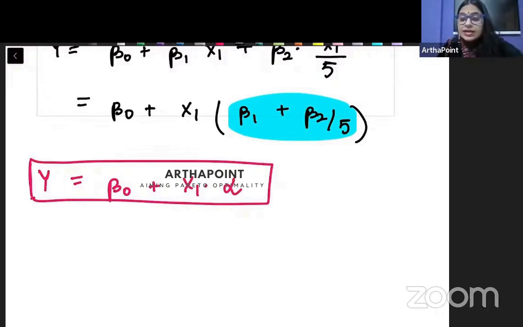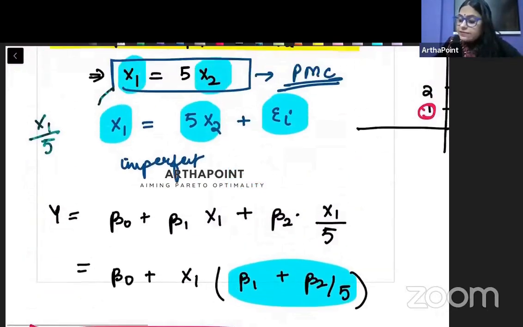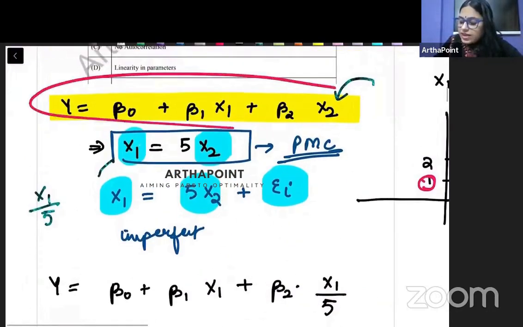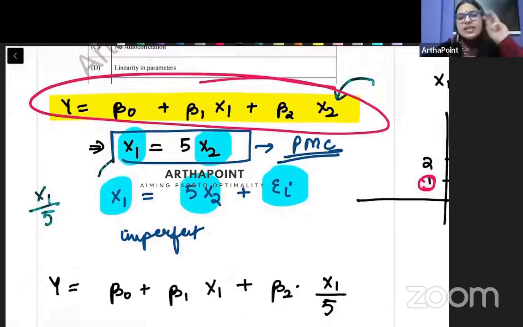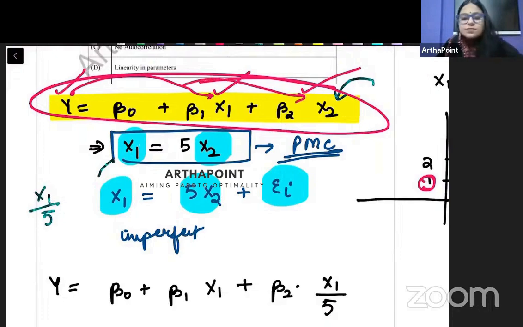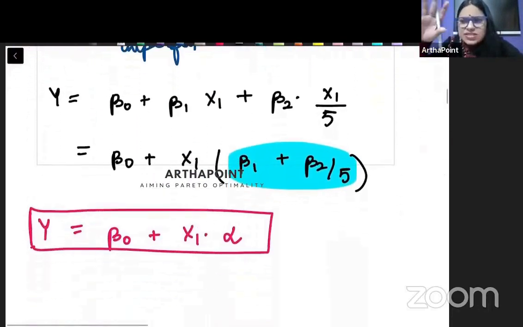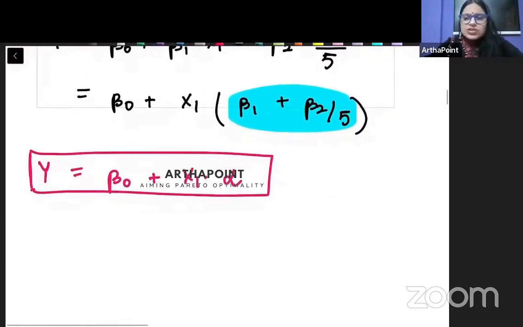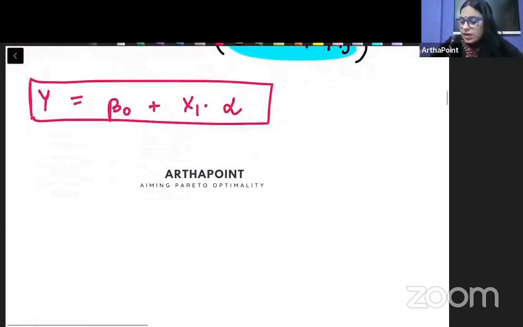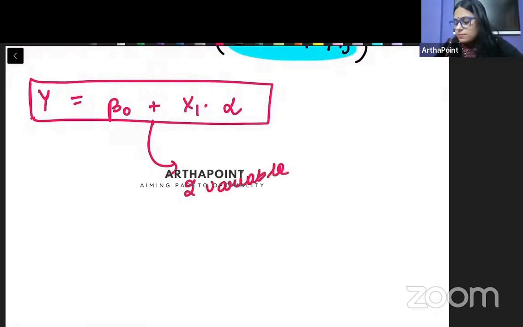It means that I had started with a 3-variable regression model. मैंने 3 वेरिएबल्स के साथ अपना रिग्रेशन मॉडल शुरू किया था. y, x1 and x2. 2 इंडिपेंडेंट वेरिएबल थे, 1 डिपेंडेंट वेरिएबल. y was dependent on x1 and x2. But just by simplifying this model a bit, इसको मैंने थोड़ा सा सिंप्लीफाई किया and I converted it into a 2-variable regression model.